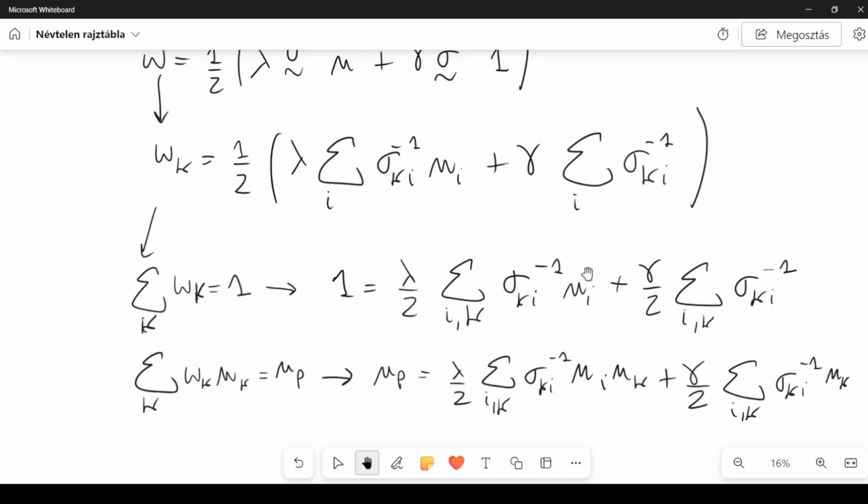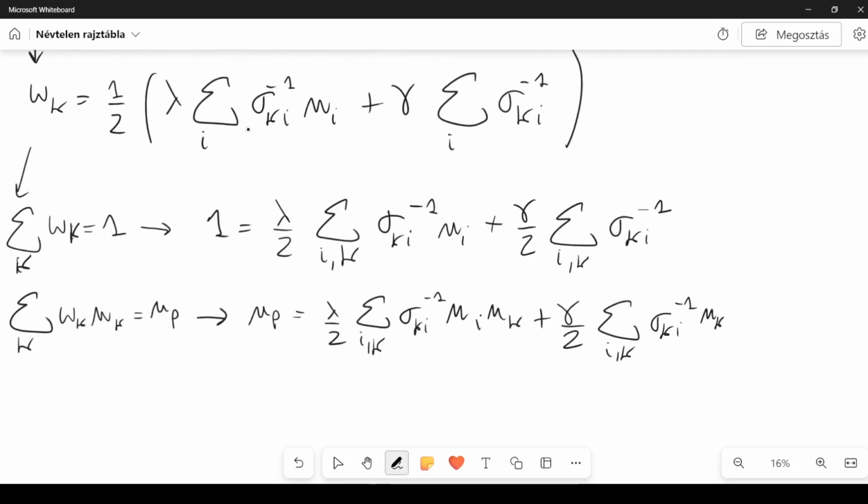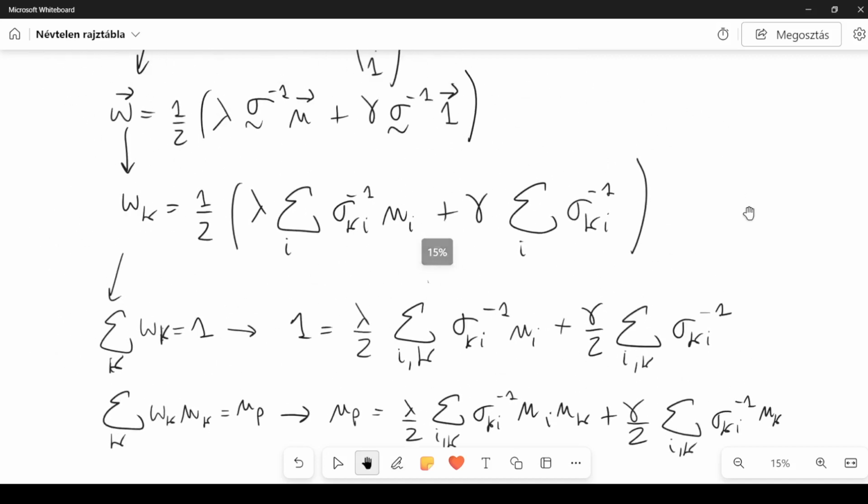So you can see that we have two equations that are linear with respect to lambda and to gamma. You don't have to be confused by these somewhat complicated expressions, because these are given data. So you can consider them to be given, solve for lambda and for gamma, and substitute them into this expression here to find the generic solution for omega k.